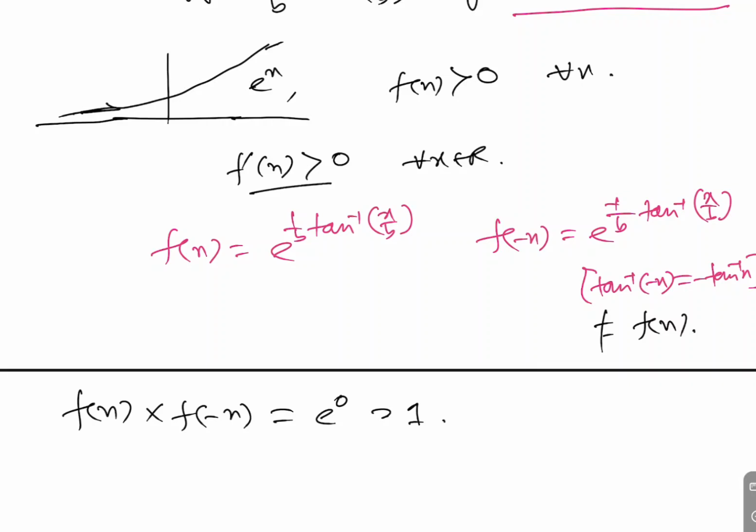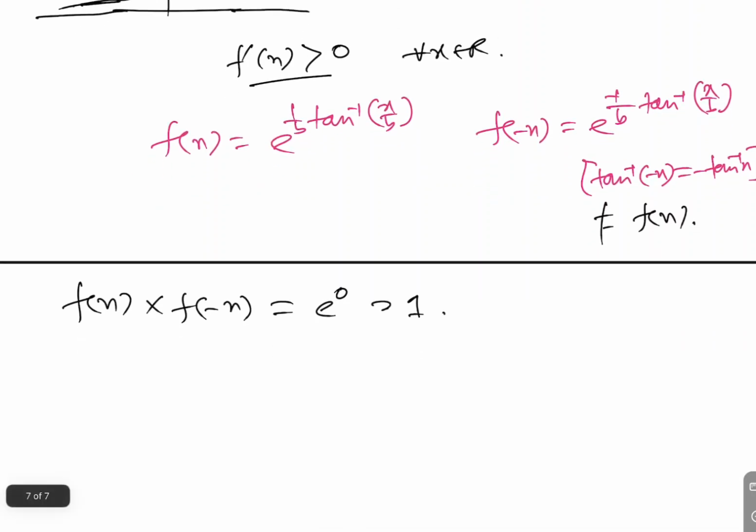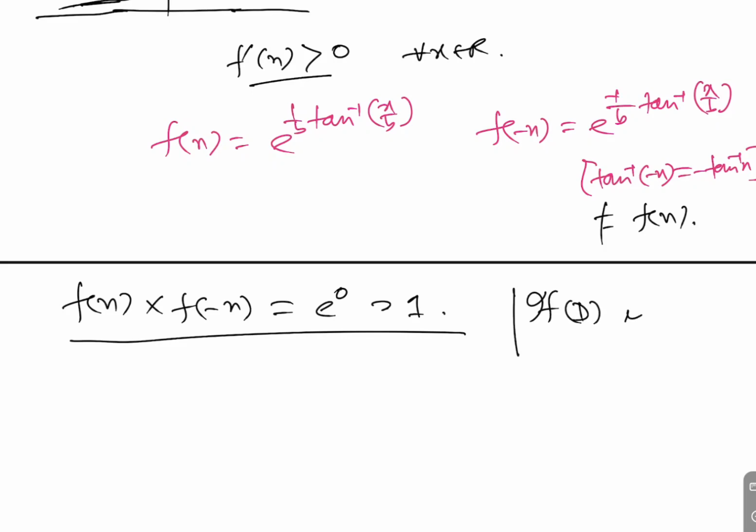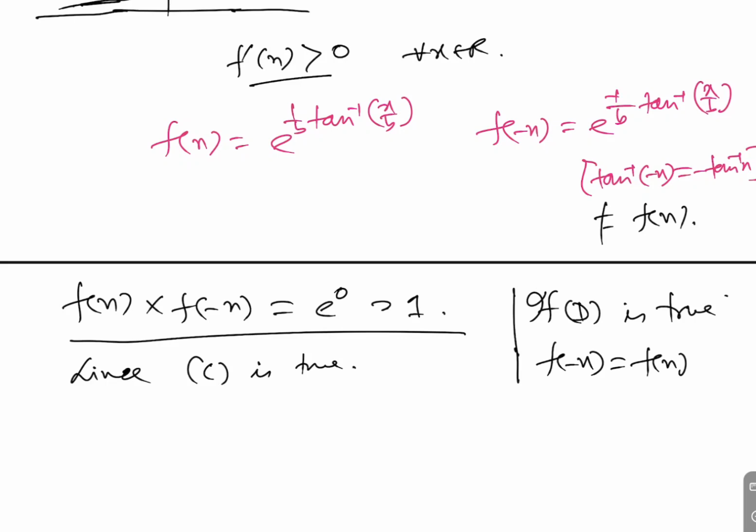Another way to check this problem, using condition C, is if option D is true, then f(-x) will be f(x). And since option C is true, as we just checked, then using condition C, we can say (f(x))² is equal to 1.